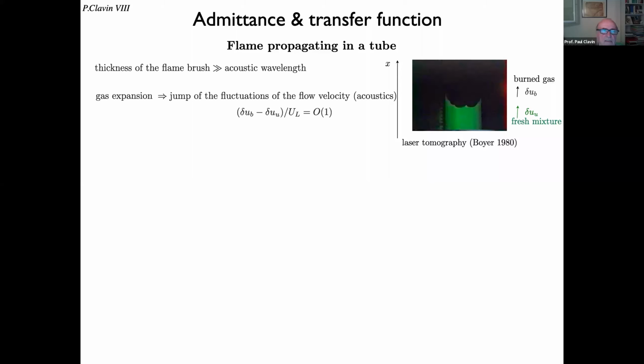Usually the flame in a tube is not planar, so you have a flame brush, and it is better to talk about the flame brush instead of just a flame. So assume that the thickness of the flame brush is larger than the acoustic wavelength. Your acoustic wavelength is characterized by the length of the tube.